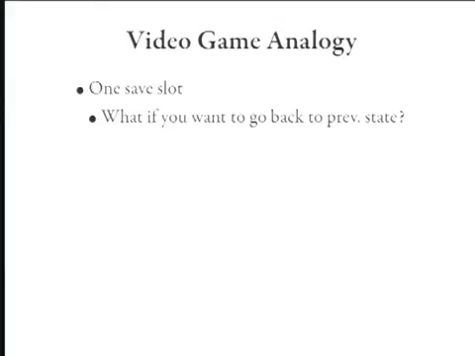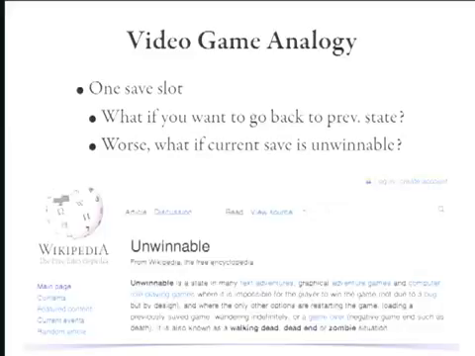Like, what if we wanted to go back to a previous save state? What if we wanted to revisit a special part of our game over and over again, or go down a different path that we could take? Or worse, what if the game is unwinnable? What if we go down some dungeon that we can't escape from, and then we save our game, and then we can't go back and fix it?